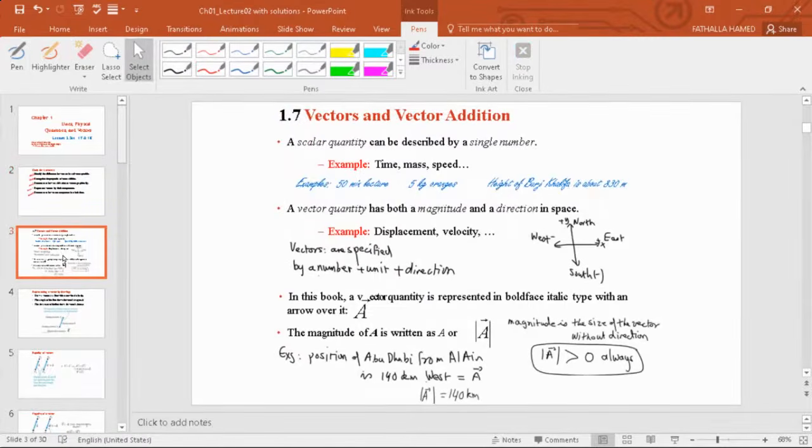So, vectors and vector addition. The first thing that we're going to look at is the difference between a scalar quantity and a vector quantity. A scalar quantity is only described by a single number, which is what we call a magnitude.